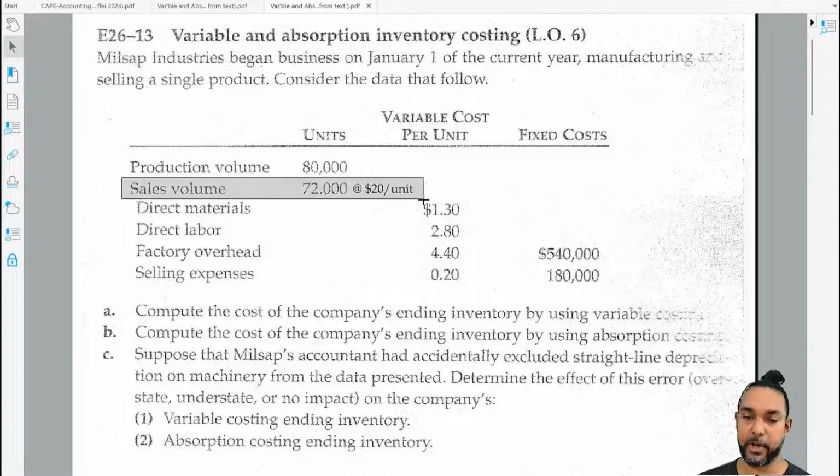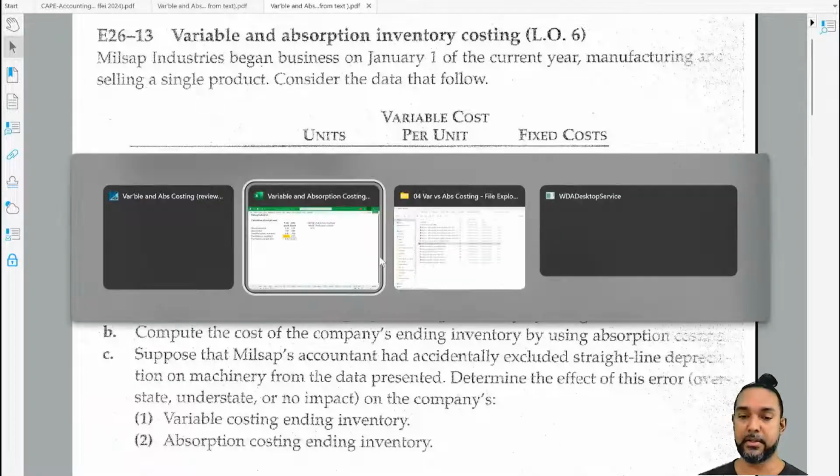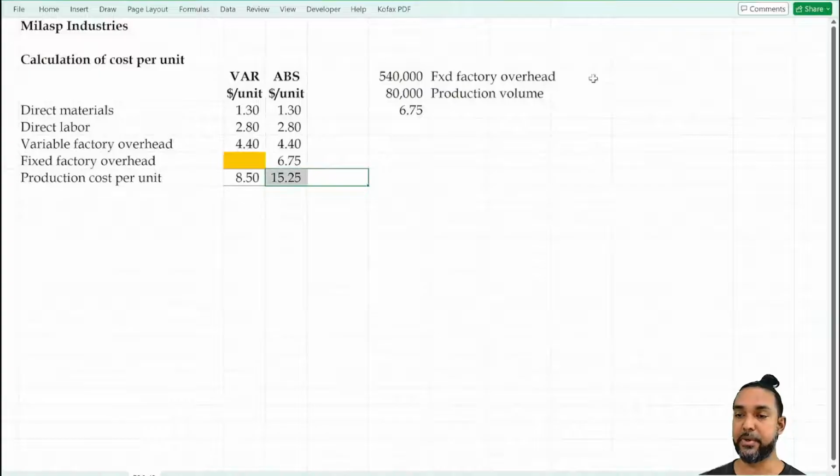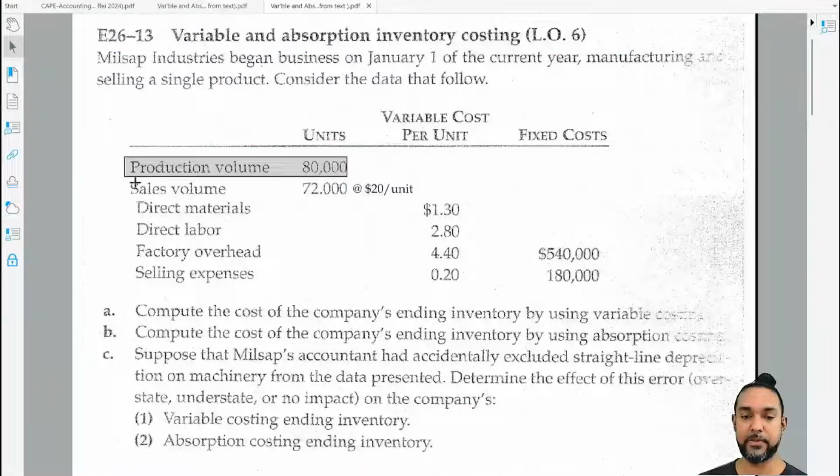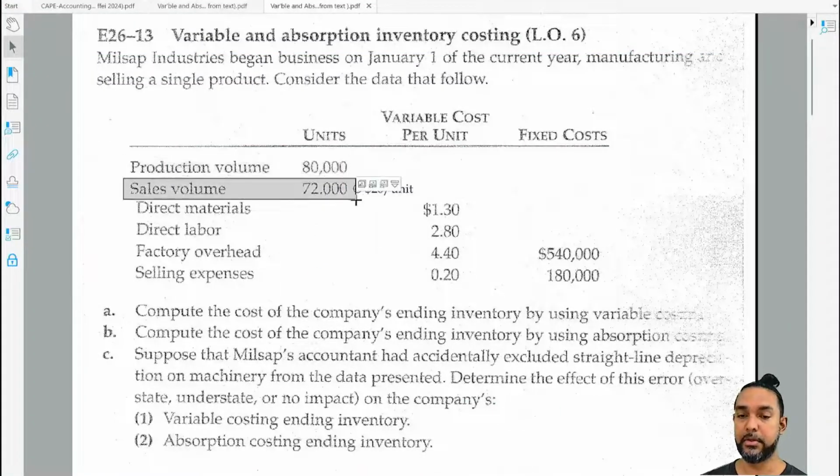So opening inventory is zero. The production is 80,000, which is going to be multiplied by the 1525. And then if you sold 72,000 out of the 80, it means you have 8,000 left. 80 minus 72, right? So that's also going to be multiplied by the 1525 and then subtracted, right?